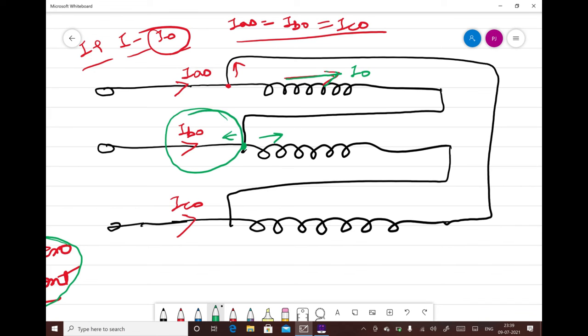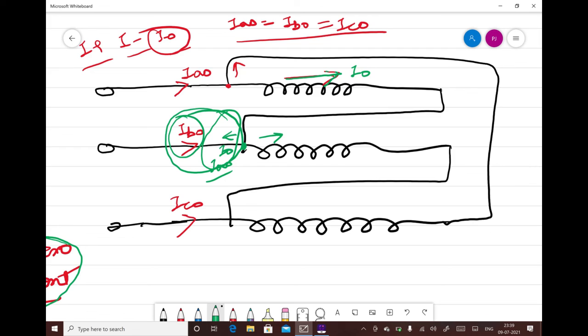Why? Because if I0 goes in this direction, then IA0 and IB0 will no longer have a phase of 0 degrees, but a different phase relationship. So it violates the zero sequence current condition.